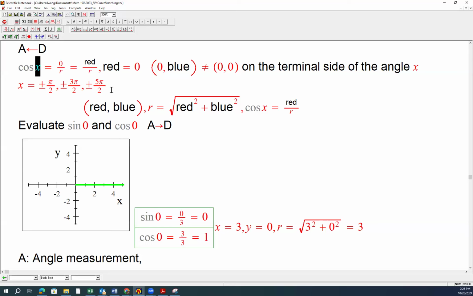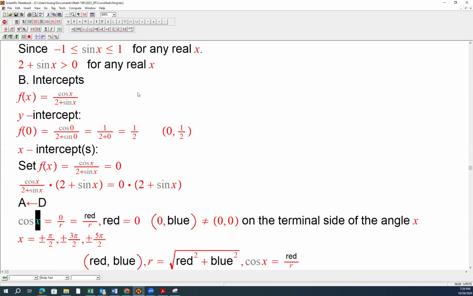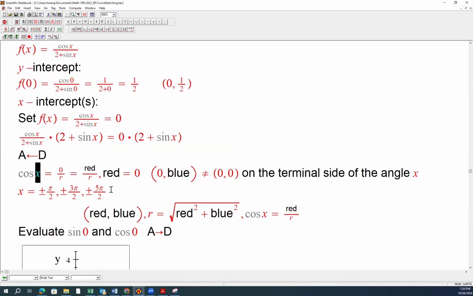We have many solutions. And especially since the domain does not exclude any number, at all of these points we get x-intercepts.